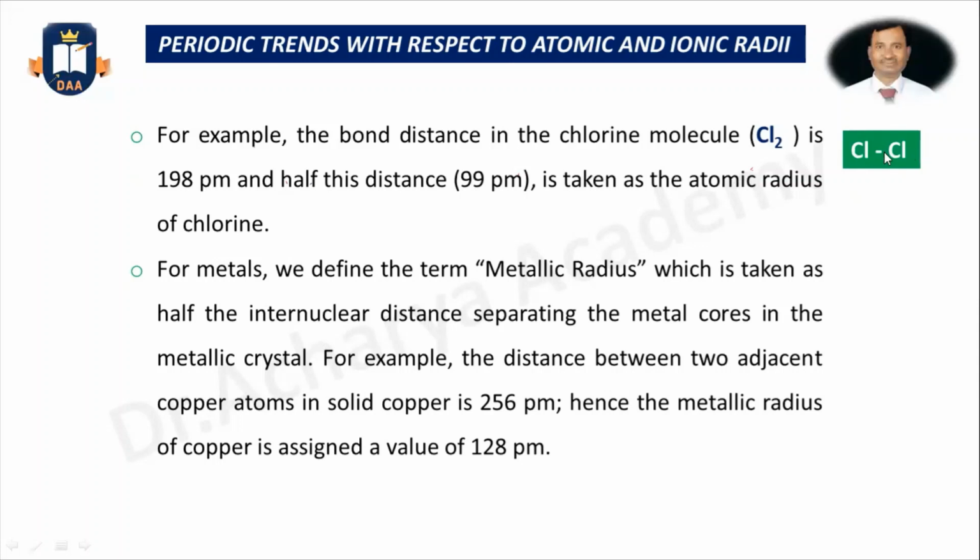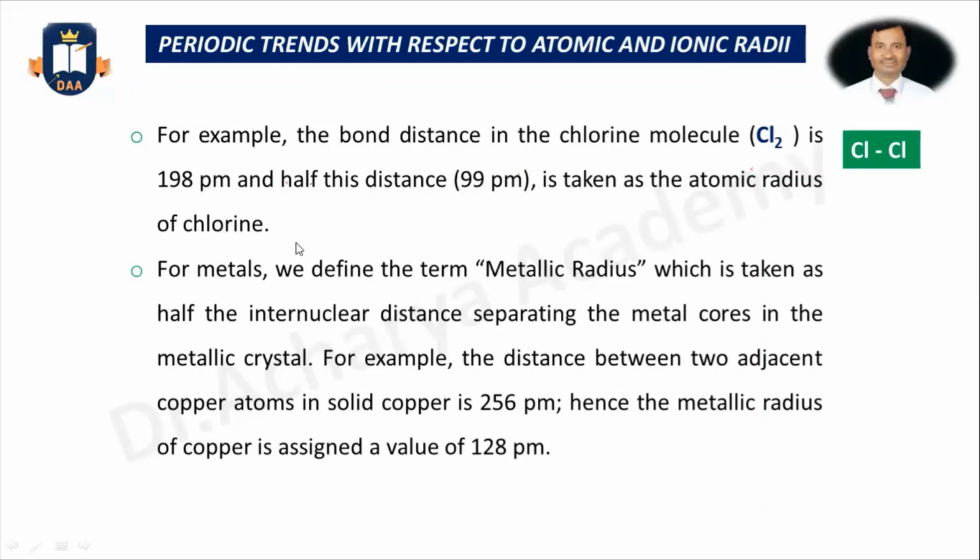This bond distance is 198 picometer. So half of the distance, 198 picometer divided by 2, that means 99 picometer, is taken as the atomic radius of chlorine.